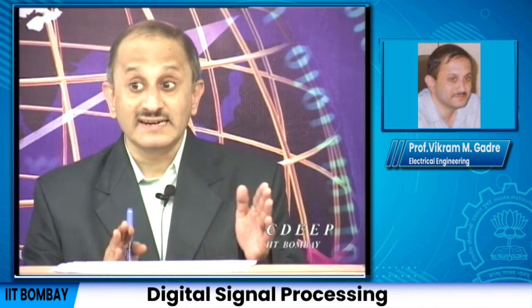The actual actors which you see on front stage are the poles. The poles are what determine what kind of response that system has, impulse response. And in fact, if you look at the poles of the input and the poles of the system, together they tell you the poles of the output. What role do the zeros play? The zeros determine how important, how unimportant each pole is, because they influence the numerators of the terms in the partial fraction expansion.